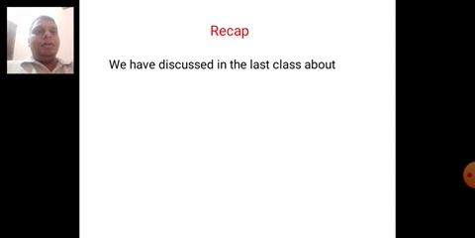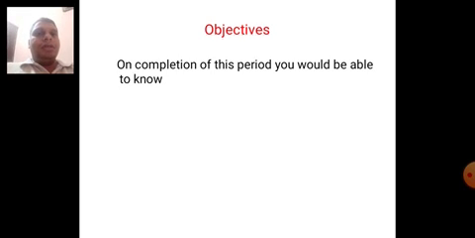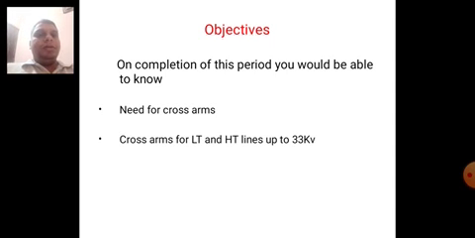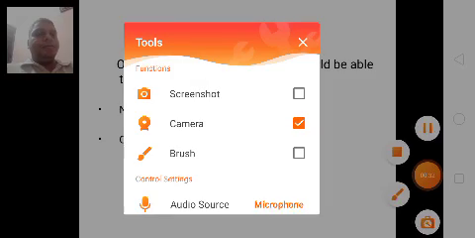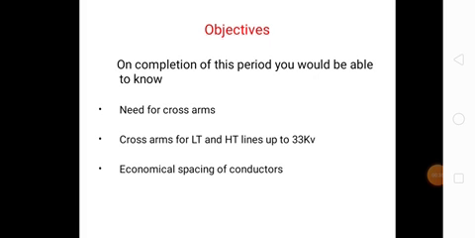Last class we discussed foundation methods of laying poles, and today's class we are discussing the need for cross arms, and cross arms for LT and HT lines up to 33 kV, and economical spacing of conductors.